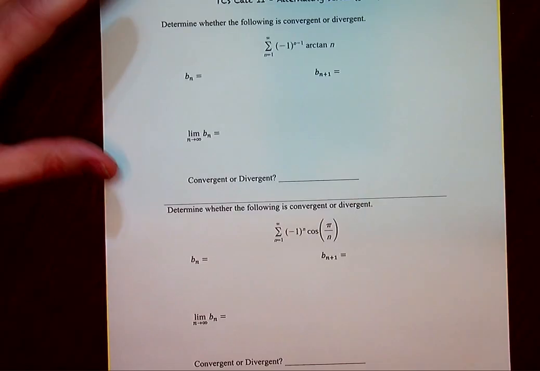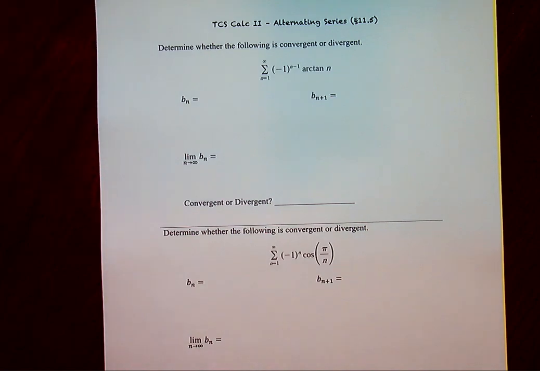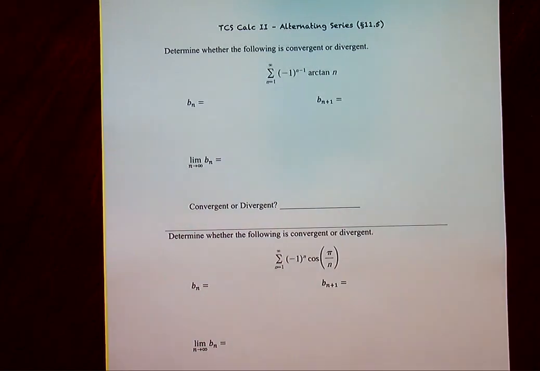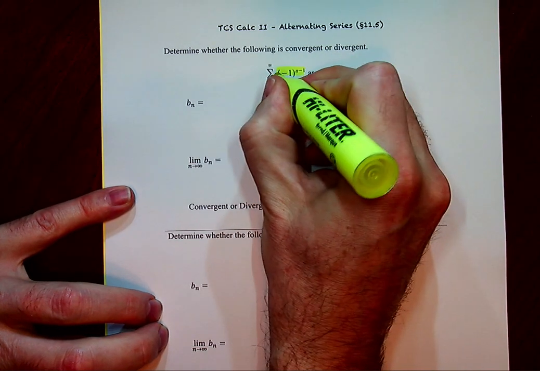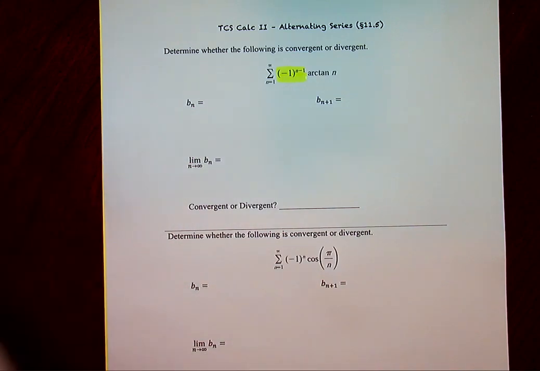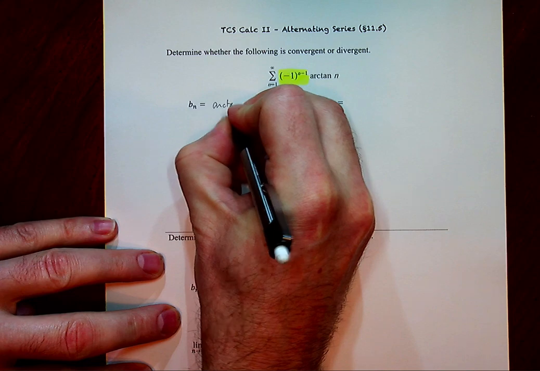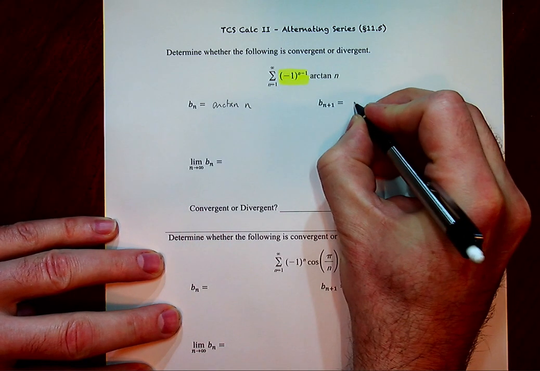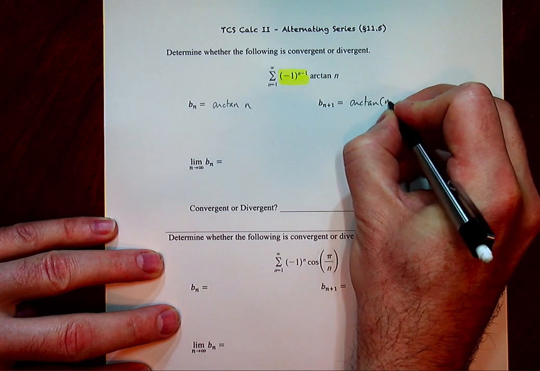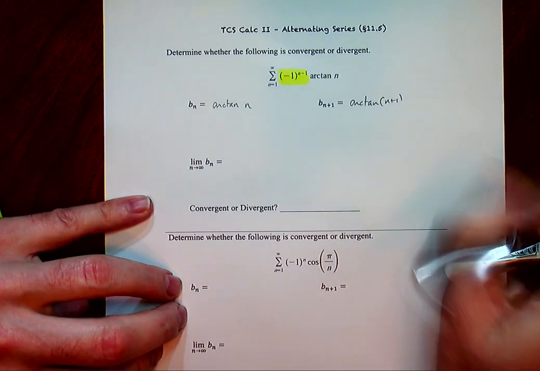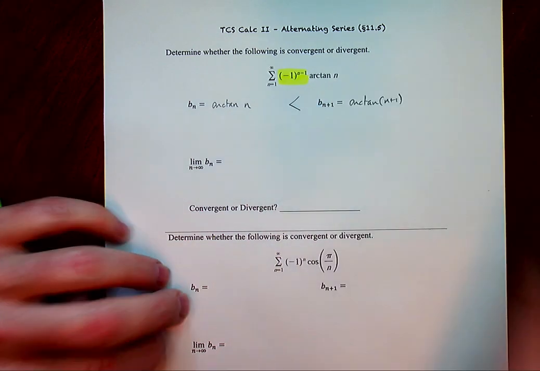So we have the sum from 1 to infinity of -1 to the n minus 1, and again, I'm going to remind you that this is not part of our b sub n. Our b sub n is arctan of n, and so b sub n plus 1 is arctan of n plus 1. Guess what? Arctan of n plus 1 is always greater than.